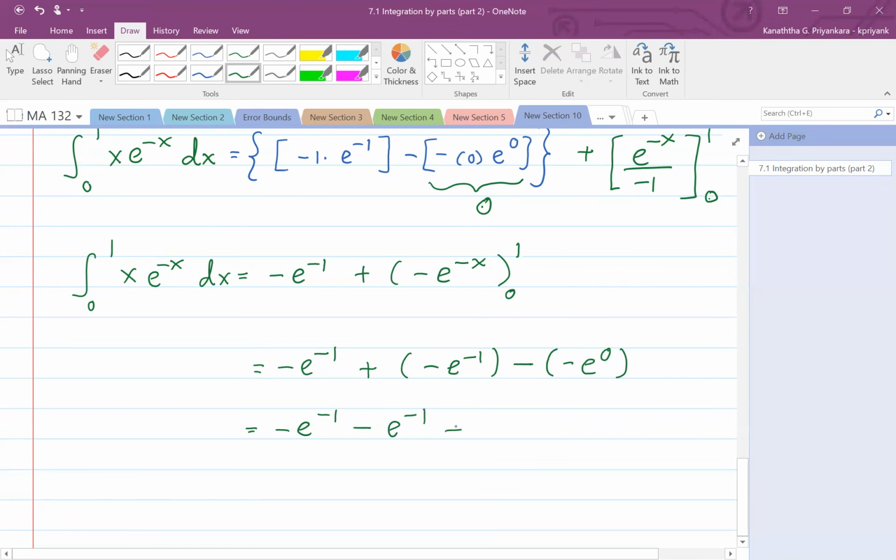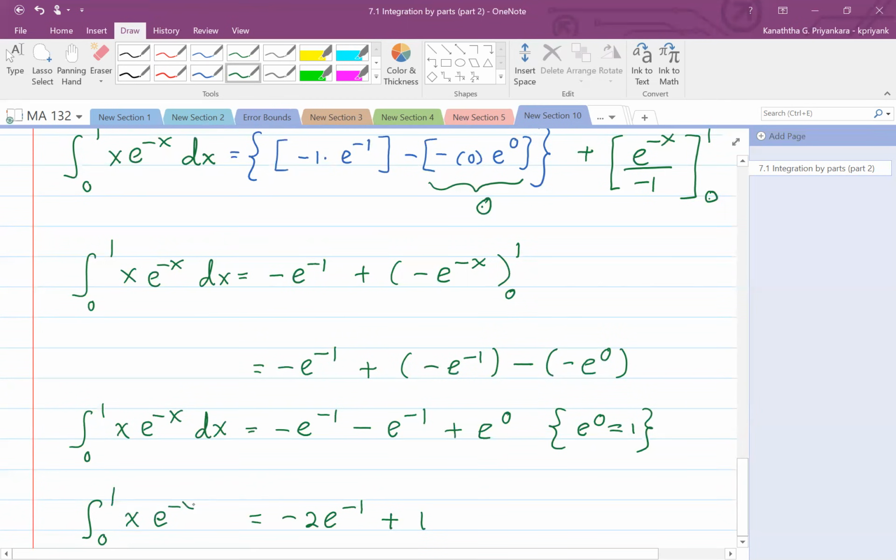So this becomes plus. So remember e to the power 0 is 1. So we can substitute it in the next step. Now we can simplify. So we get negative 2 e to the power negative 1 plus 1. So that is the integral from 0 to 1 of x e to the power negative x dx.